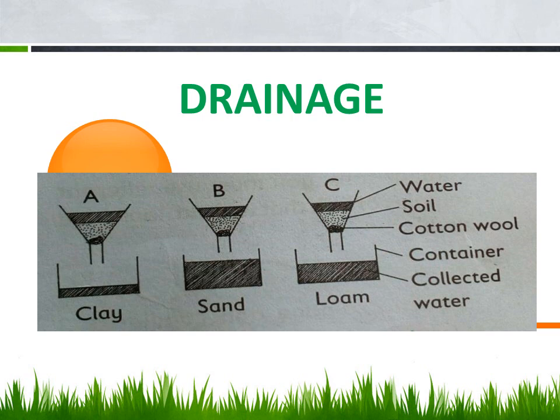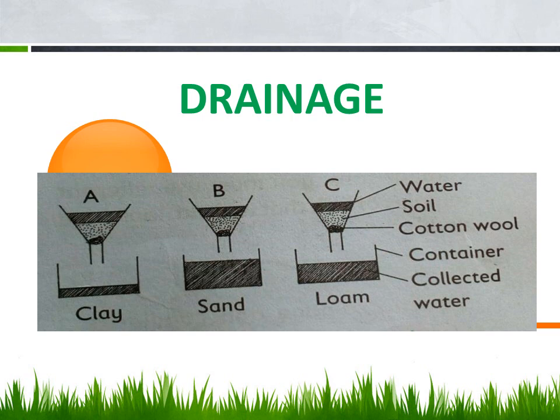What do I mean by waterlogged? When it rains, water floats on clay soil. Such soils do not allow water to pass through because of their poor drainage.